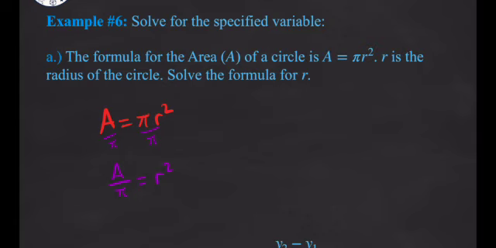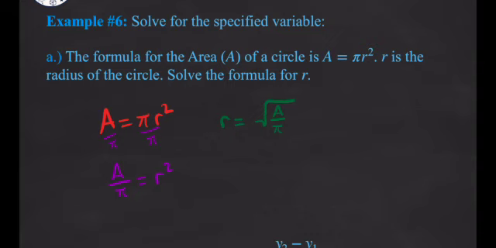R is almost alone. The only thing left with that R is a square. Well, to undo a square, we use the square root. So we square root both sides. So we end up with radius equals the square root of area divided by pi.